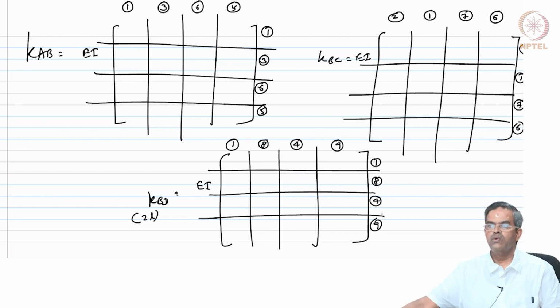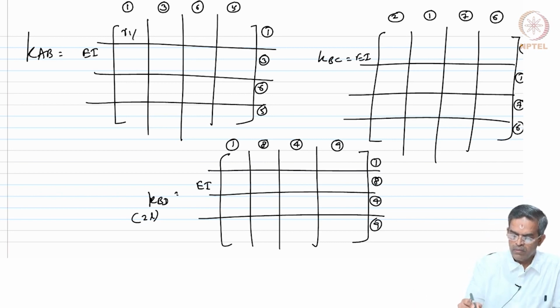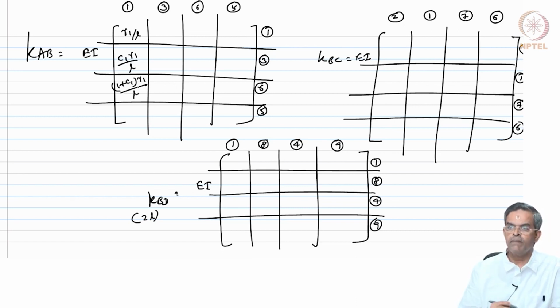And we know the first value here is R1 by L. This is C1 R1 by L, 1 plus C1 of R1 by L, and minus of this.